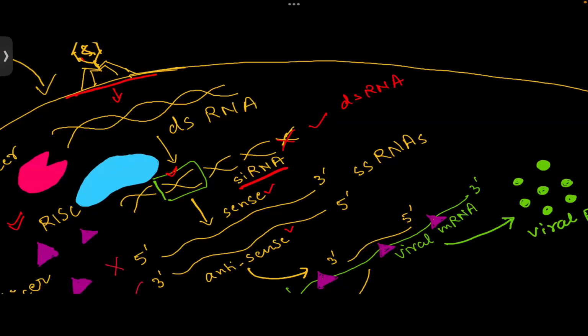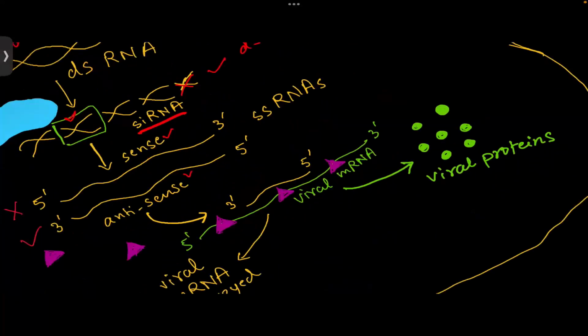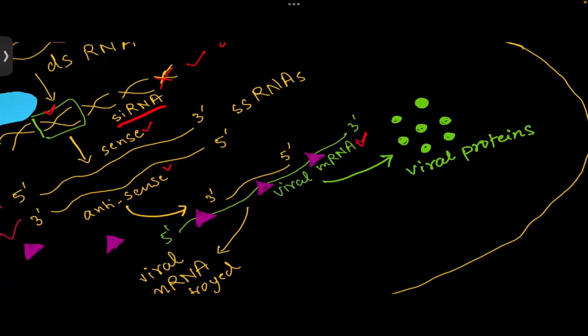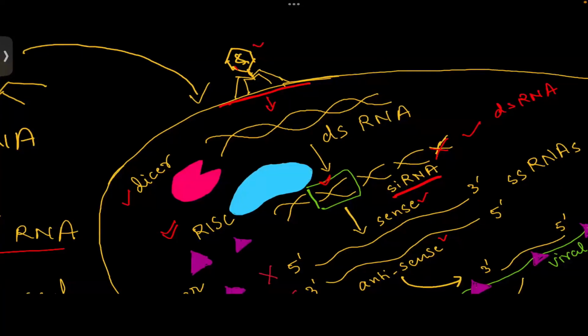And because it got integrated, the mRNA corresponding to the viral genome got transcribed. So this green one is that unfortunate, or you can say the smart, viral mRNA that somehow got expressed, and it escaped this dicer and RISC complex.